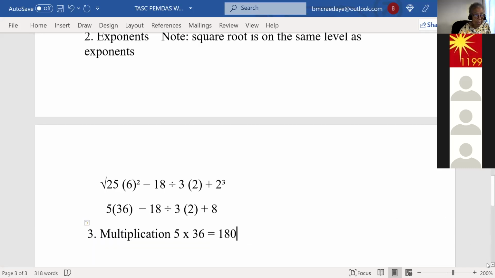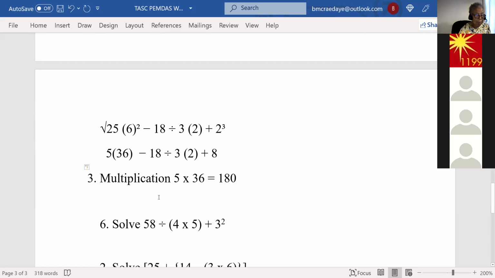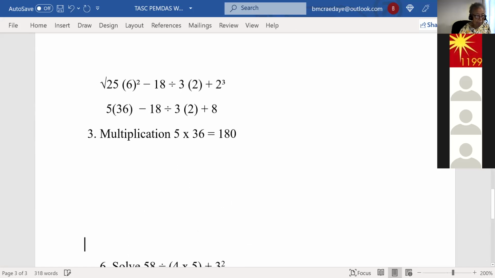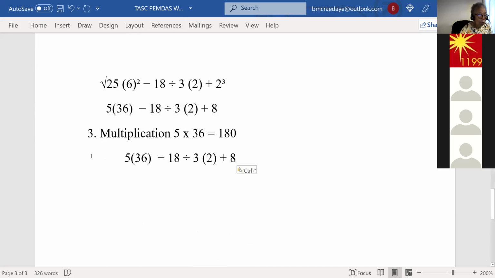Let's put our 180. Let me copy this and put our 180 in there. So we multiply the 5 times 36, we got 180.